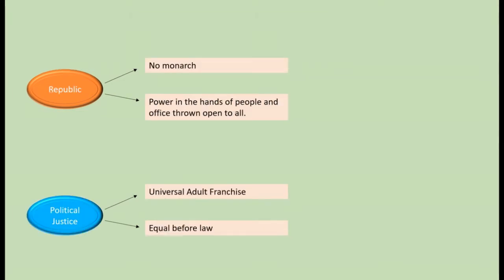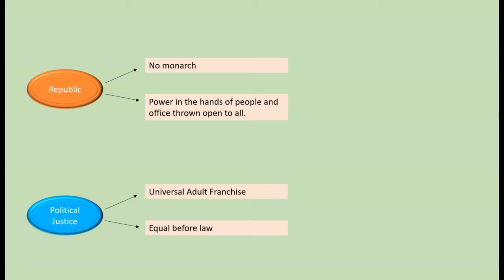Fifth, Republic. India adopted the parliamentary form of government from England. Unlike UK, where the head of the state is a monarch, in India, the head of the state, that is the president, is elected indirectly by the people for a fixed tenure.